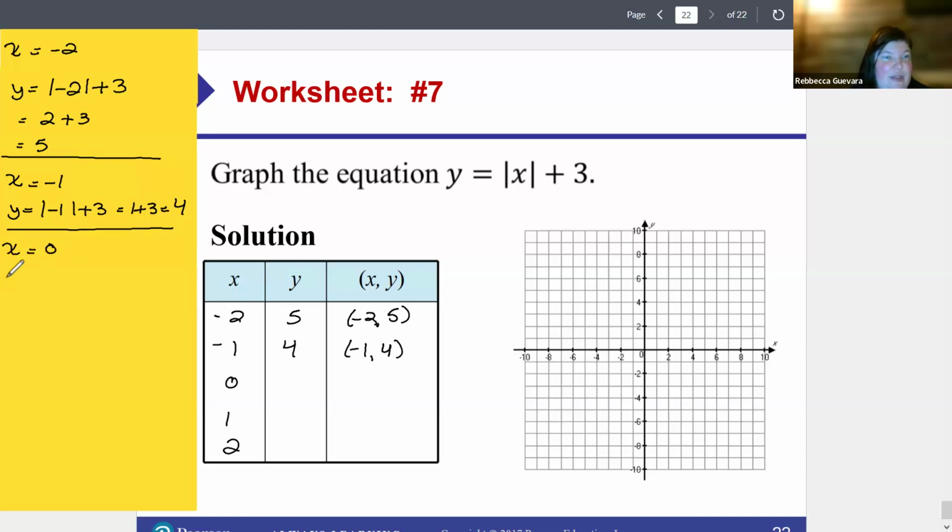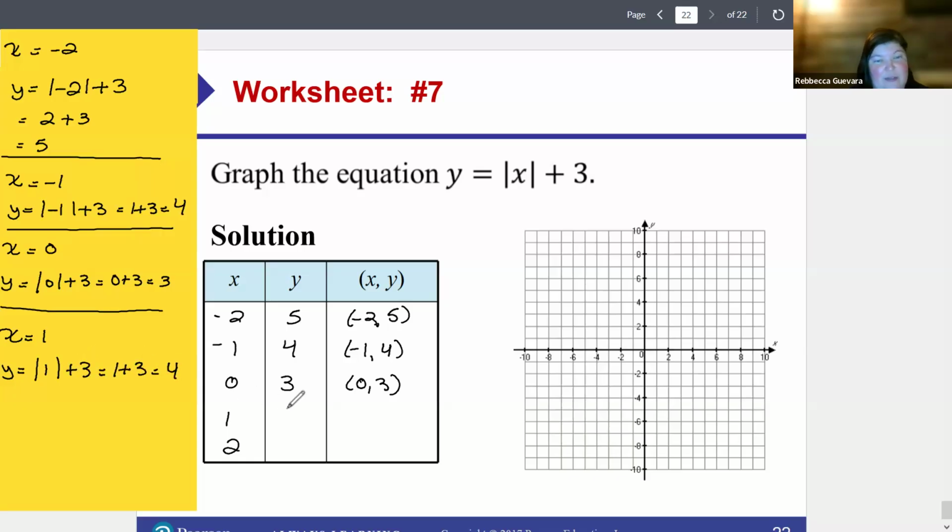If x is 0, then y is equal to the absolute value of 0 plus 3, which is just 3. If x is 1, then y is the absolute value of positive 1 plus 3, which is 1 plus 3, which is 4. If x is 2, then y is the absolute value of 2 plus 3, which is 2 plus 3, which is just 5.